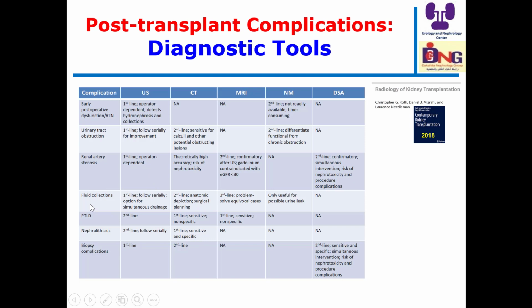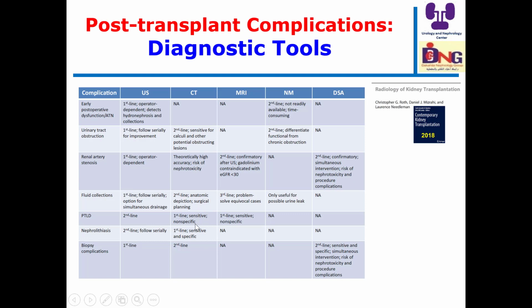For fluid collection, needless to say, ultrasound is very crucial because it gives us an idea about the presence or absence of collection. Then we can go to the second or third line to solve the problem. For PTLD, ultrasound is not superior, but MRI is.